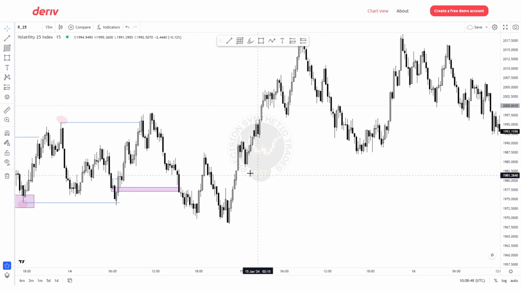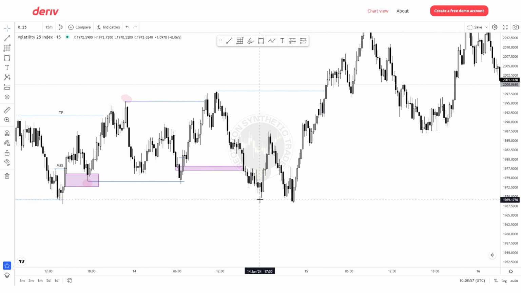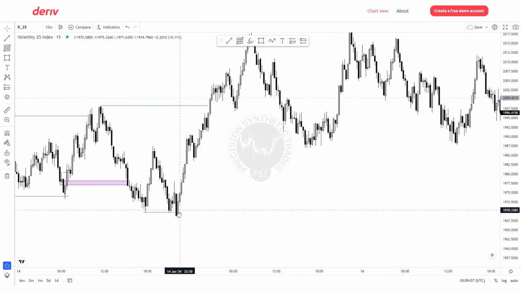Let's see what happens here. So this is my last higher high. We created a low, high, low that was taken out here. We had a market structure shift happening here.